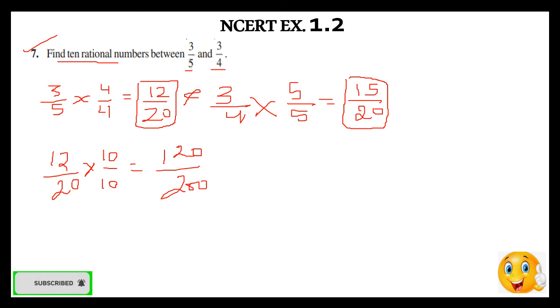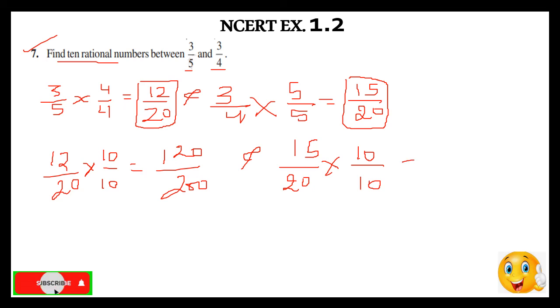That's an equivalent rational number to 3 by 5. And 15 upon 20 can be also multiplied with 10 upon 10, and we receive here 150 upon 200. So now we have enough numbers between 120 and 150 with denominator 200.